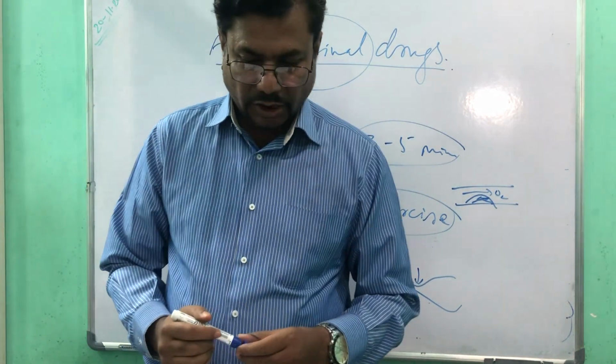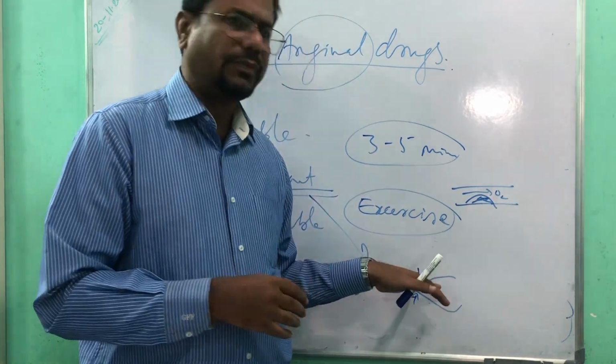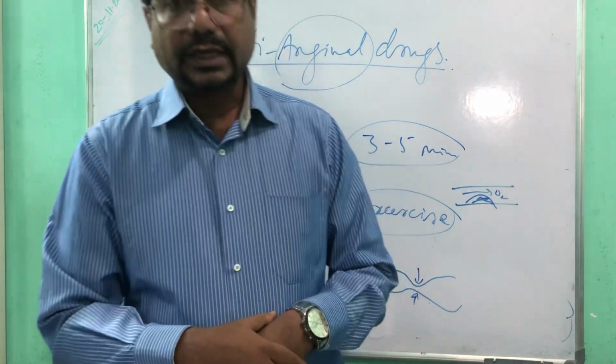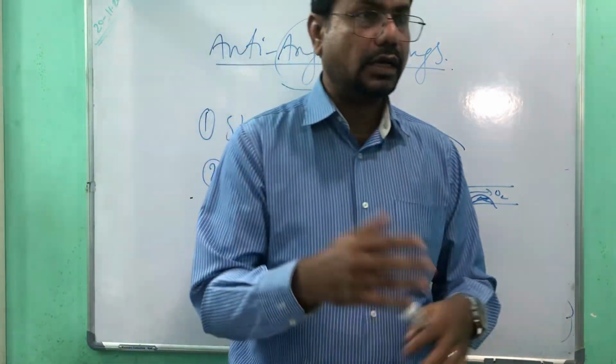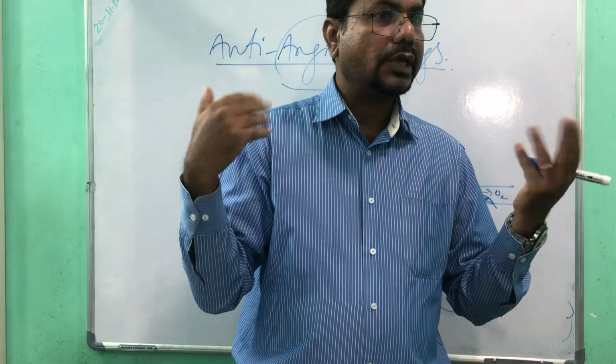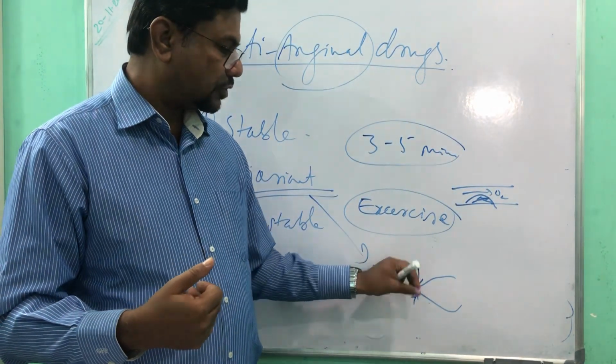This variant angina is an uncommon condition. It is not a common type of angina. Vasospastic angina is uncommon. It occurs during sleep, suddenly. In the morning, when we see that the person is not waking up, he may be having this variant angina, spasms.